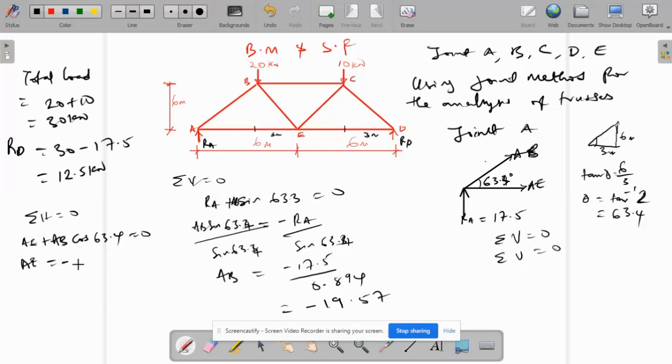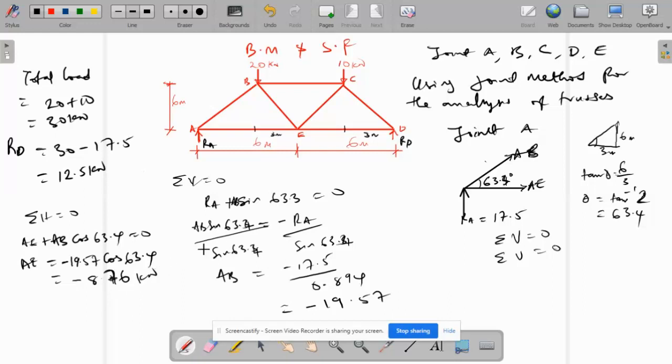AB is minus 19.57 cos 63.4, and this will be equal to minus 8.76 kilonewton.